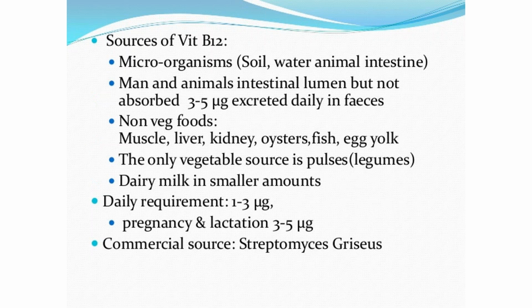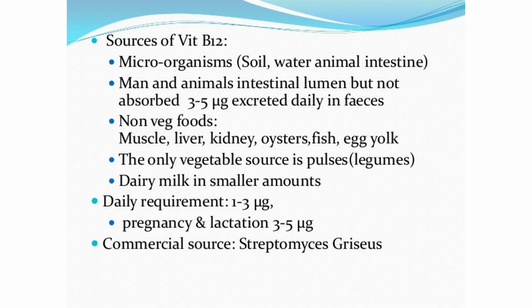What are the normal sources of vitamin B12? Microorganisms in soil, water, and the lumen of man and animal intestine produce it, but most of it is excreted in the feces. Non-vegetable foods are rich, especially muscle, liver, kidney, oysters, fish, egg yolk.